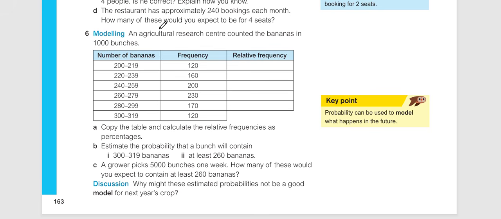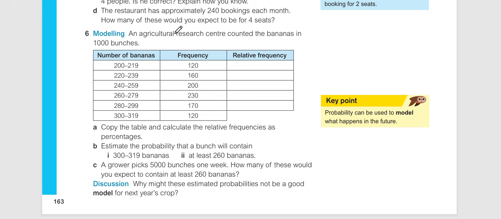Okay, so moving on to question 6. An agricultural research center counted the bananas in 1000 bunches. The number of bunches with 200 to 219 bananas is 120. 220 to 239 is 160. 240 to 259 is 200. 260 to 279 is 230. 280 to 299 is 170. 300 to 319 is 120.